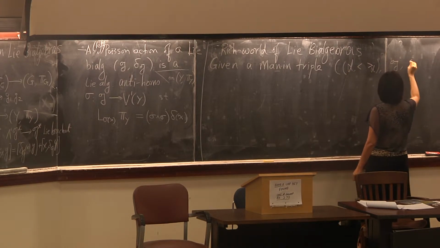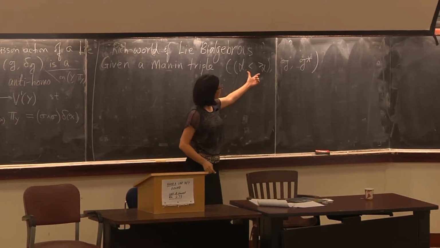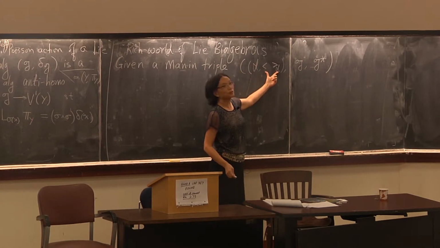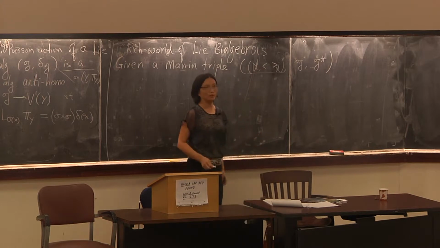I denote the Manin triple in this way. D is a Lie algebra with an invariant metric, meaning an invariant, symmetric, non-degenerate bilinear form on the Lie algebra, and such a thing is called a quadratic Lie algebra.